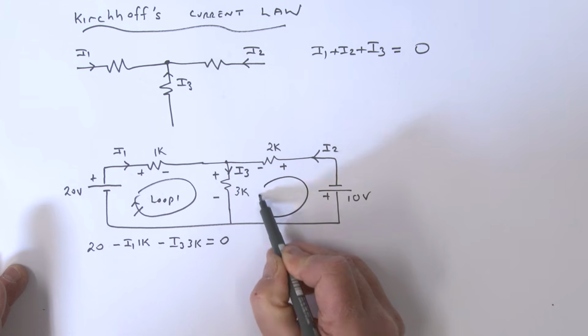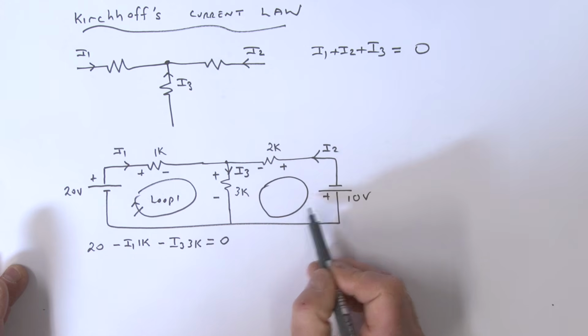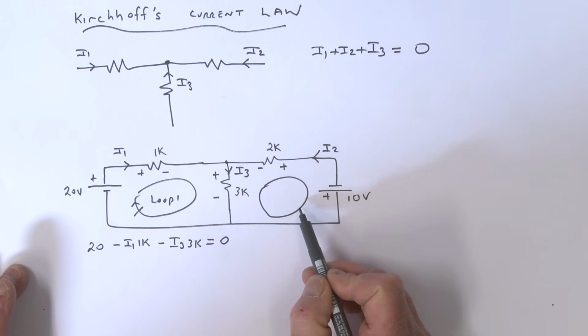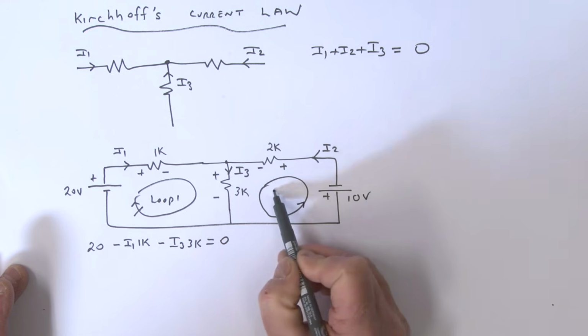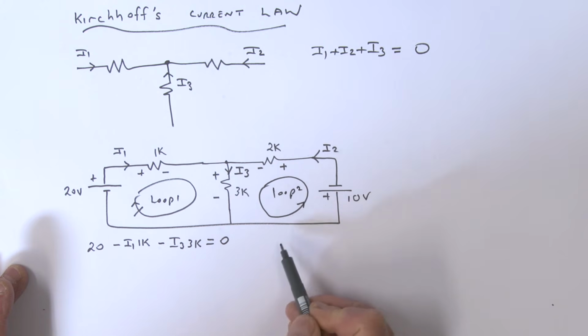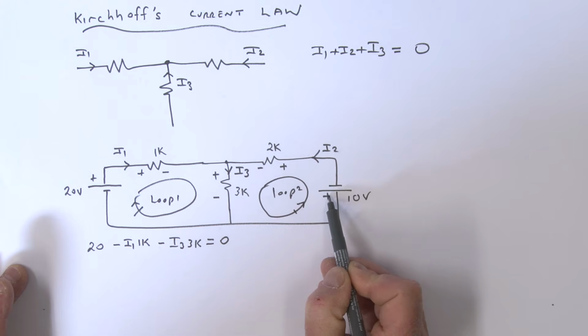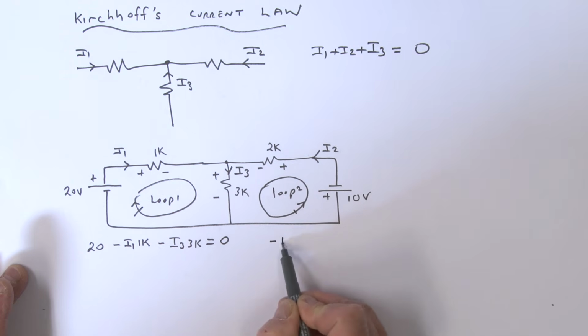All right, we can take another loop over here. Does it matter which way around the loop we go? No, it really doesn't. Absolutely not. I could go the other way if you wish. So we can go this way. That's my loop 2. We'll start maybe here, going from a plus to a minus. So that's really a minus 10.